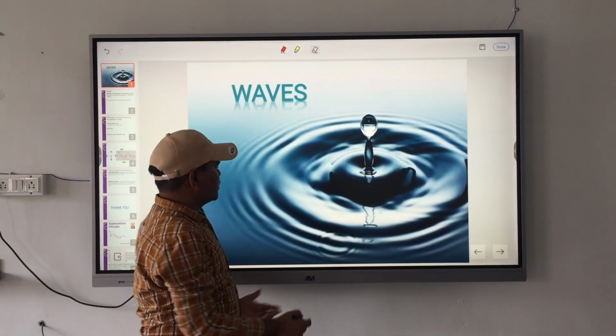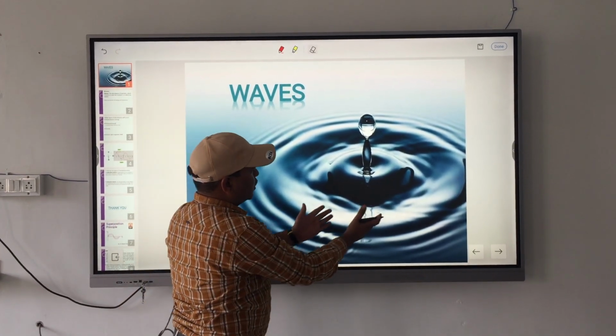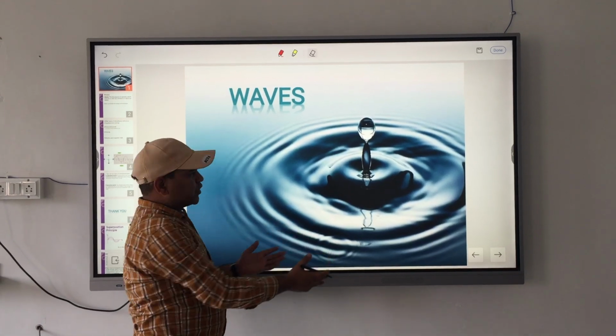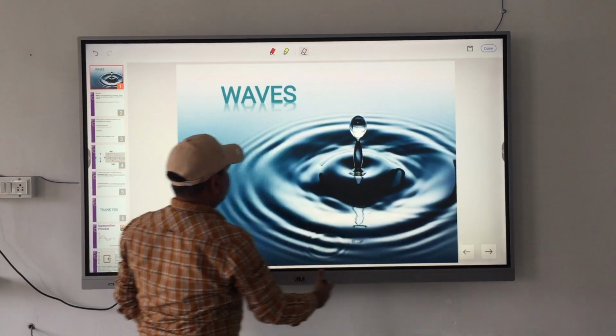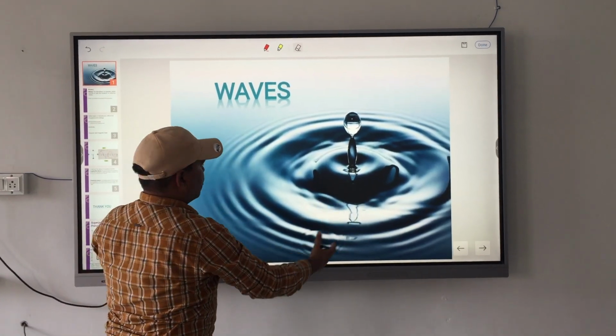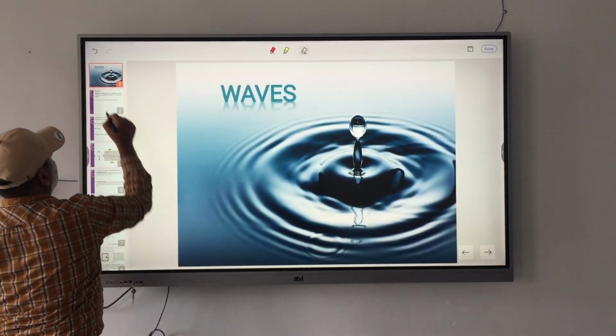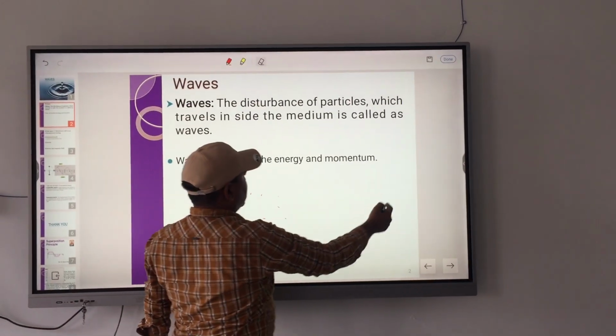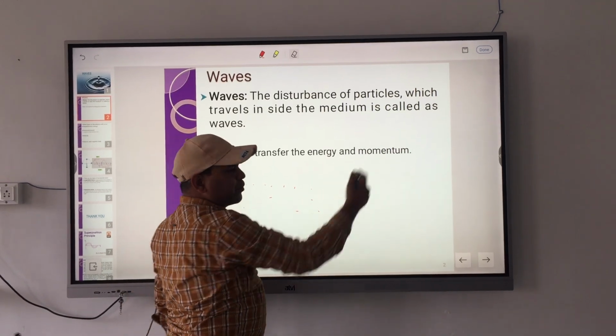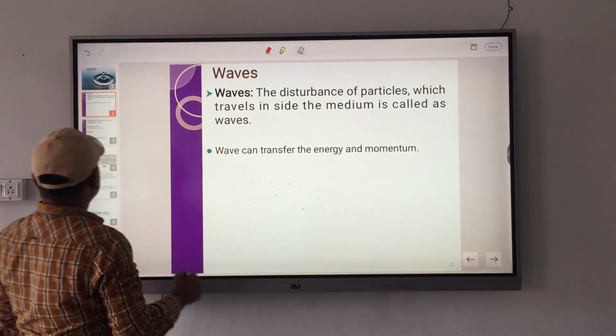The waves will form means that the particles of the water are disturbed, and the disturbance of the particles moves in the further direction to the bank of the river or the bank of the pond. So we can say that waves transfer energy and momentum in our medium.